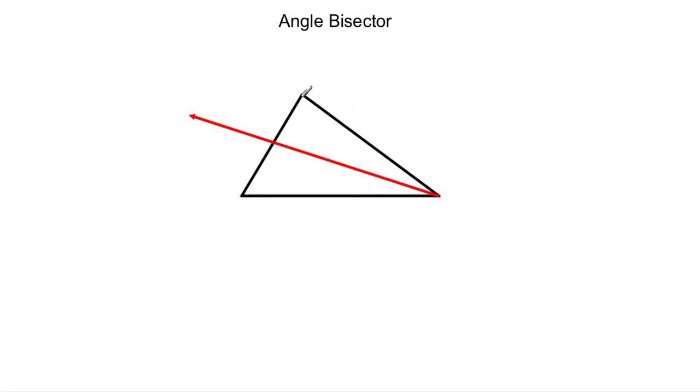Inside of a triangle, there are three angles. So if we intersect the three angle bisectors, they will intersect at the incenter. So the incenter is the intersection of the three angle bisectors inside of a triangle.